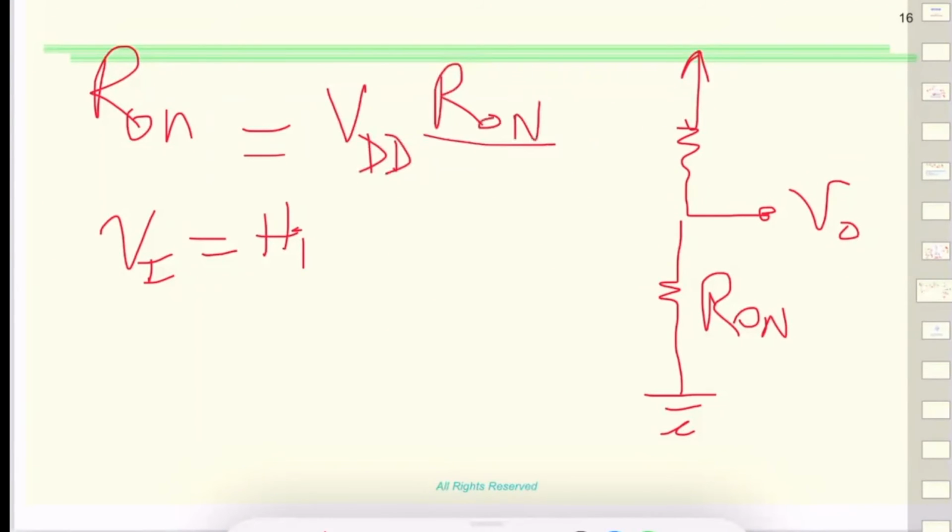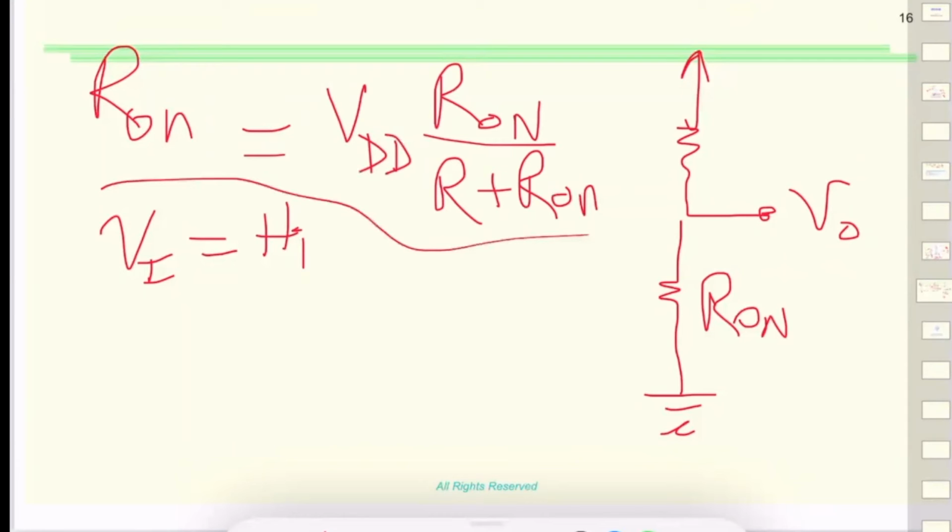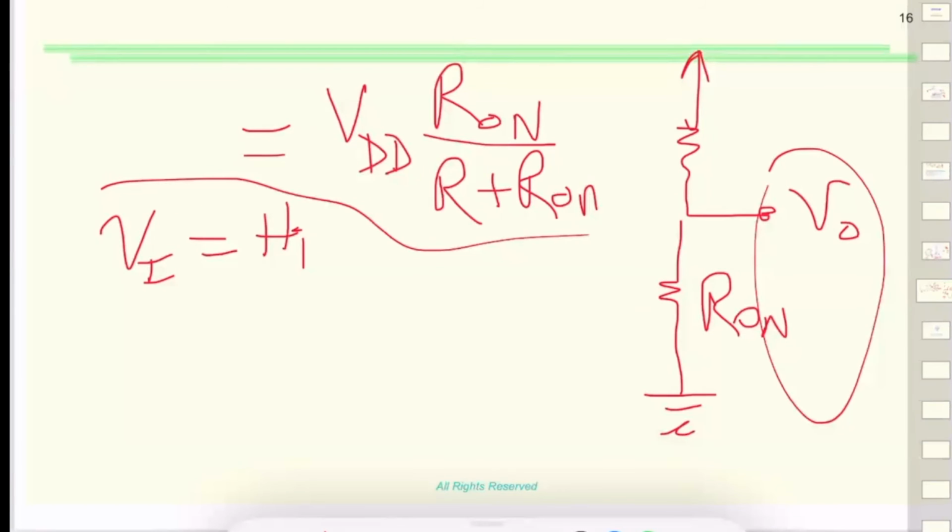There is a voltage, what we generally say is that the signal is grounded, but there is a small resistance and hence some voltage on this side. Sorry, so this was the voltage drop on the output because of R on. So that's VOL.